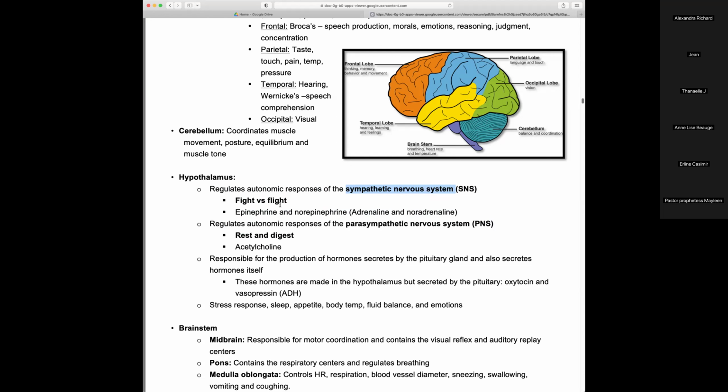The other name for norepinephrine is noradrenaline. So we're going to learn more about that when we get to module 8 for endocrine. But I do want you to memorize this now. You have to understand that the sympathetic nervous system is going to cause an increase in your blood pressure. And this is associated with like a state of stress.